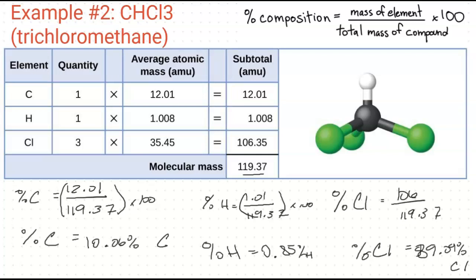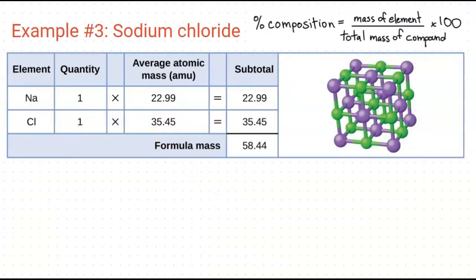All right, third example for calculating percent composition, we're going to be looking at sodium chloride. So sodium has a molar mass of 22.99. Chlorine has a molar mass of 35.45 for a formula total of 58.44. So again, I'm just going to calculate the percentage of each element.